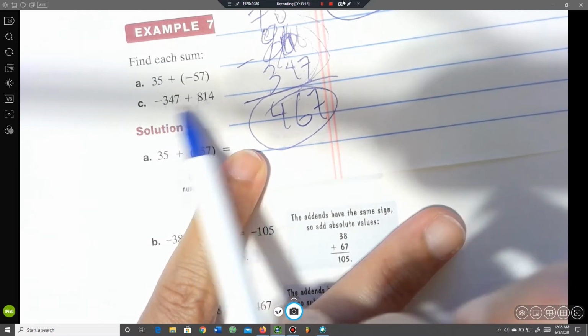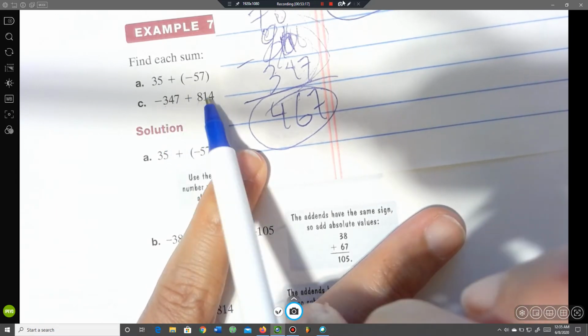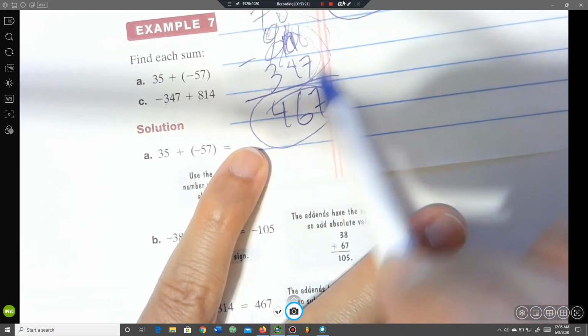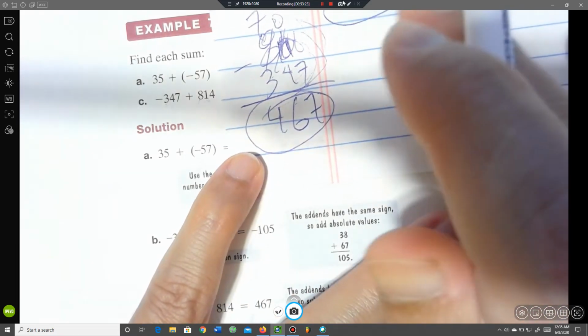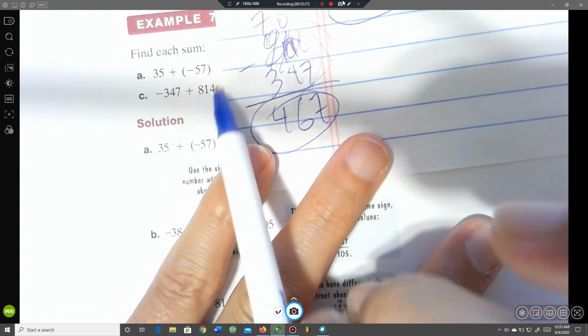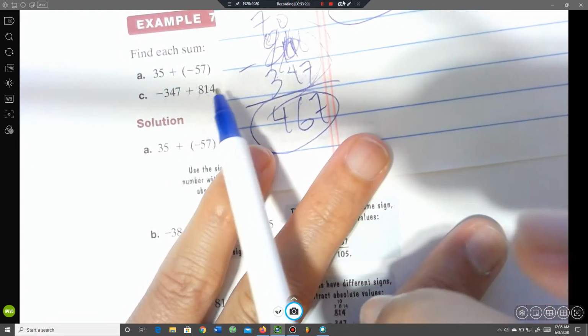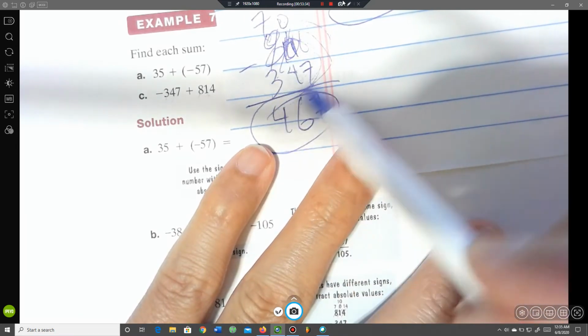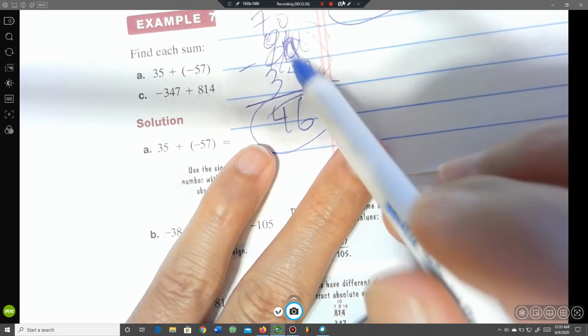And I do include some problems with larger values, because I need you to practice subtraction. I would just try to make it easier on you by doing it in your head, just to make it faster. But sometimes you're going to have to do it the hard way. So you're going to have to write it down.